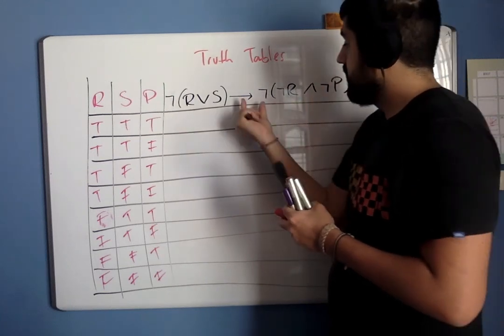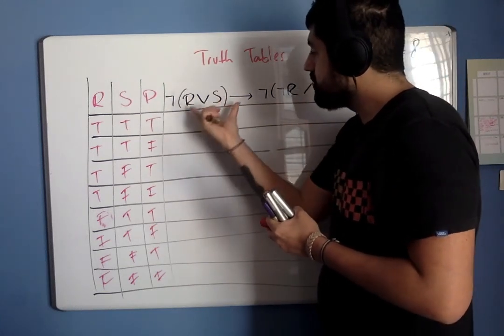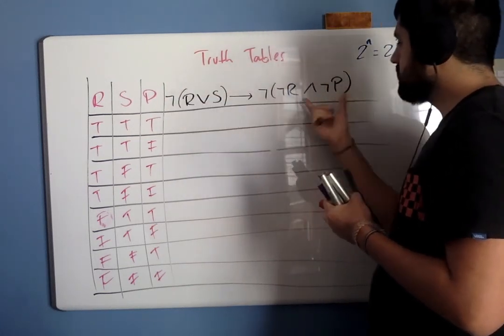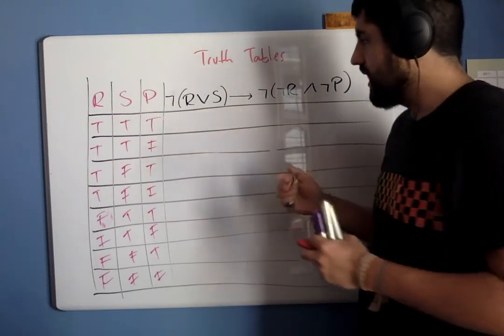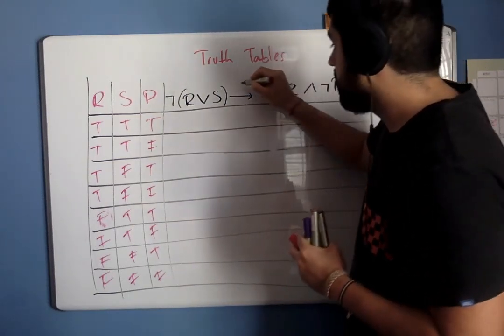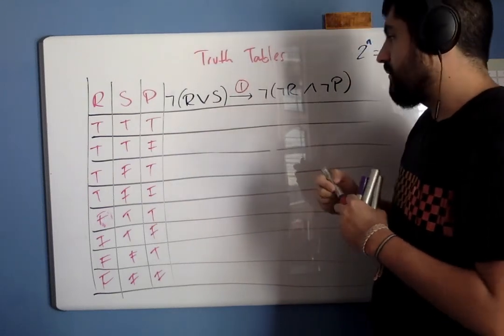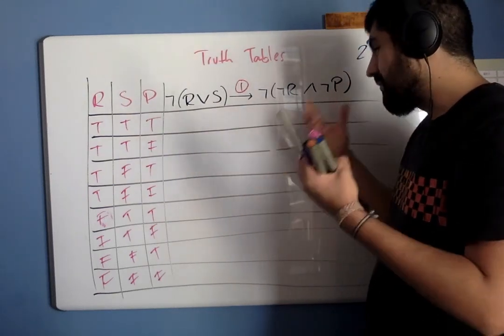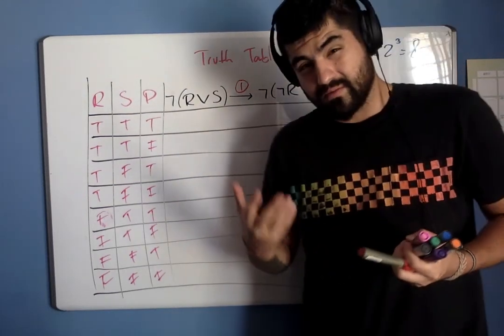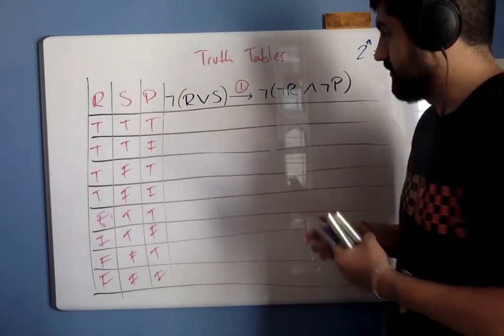And in that sense, for this conditional, this is going to be the antecedent, and this is going to be the consequent, okay? Therefore, our primary logical connective, our most dominant logical connective, is going to be the conditional, okay?